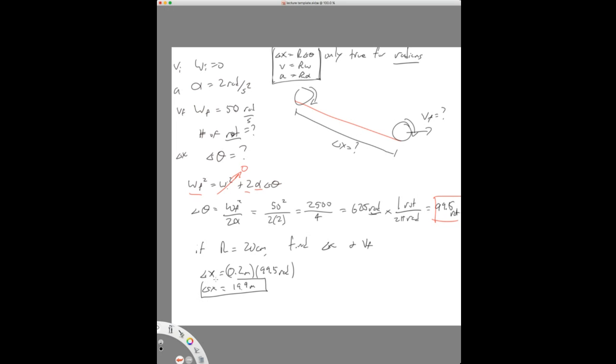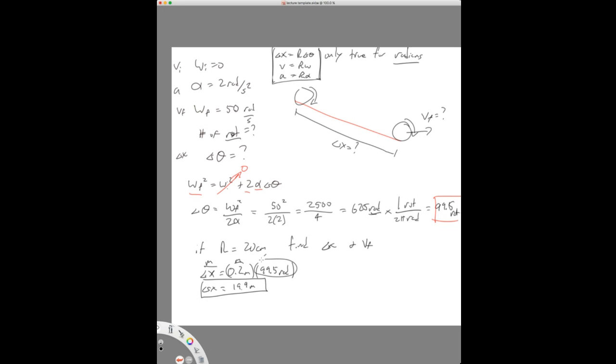But we don't really include the radians. Why is that? Well, this equation, delta x equals r delta theta, has meters for delta x, and it has meters for r, and then we have radians. So the radian is not a real unit like a meter.